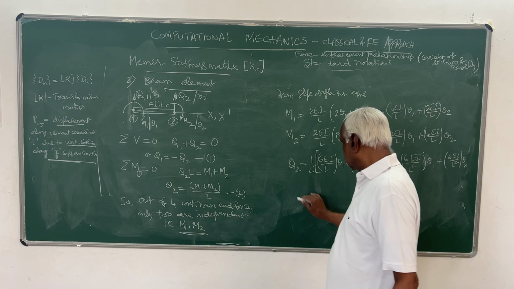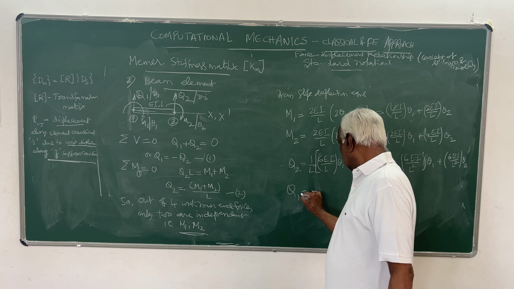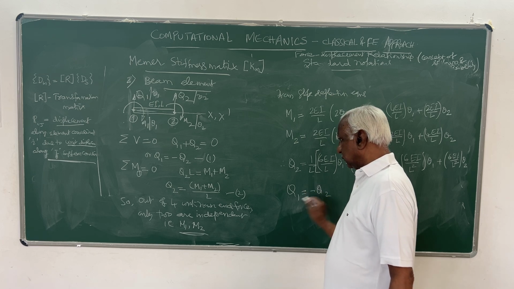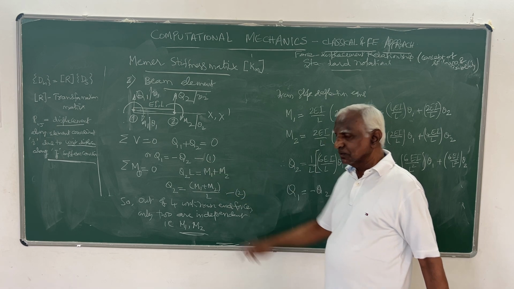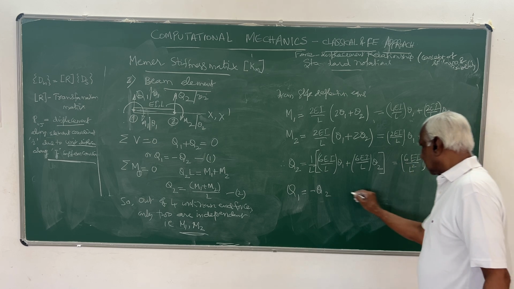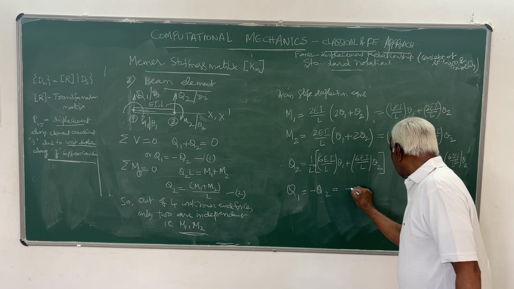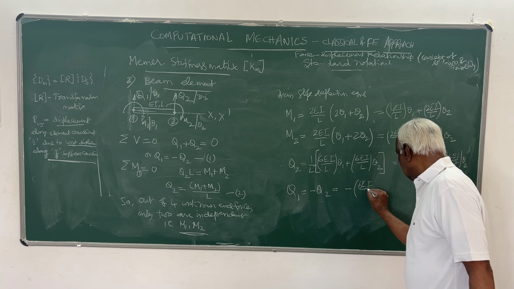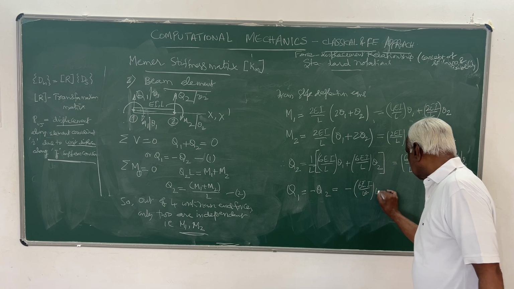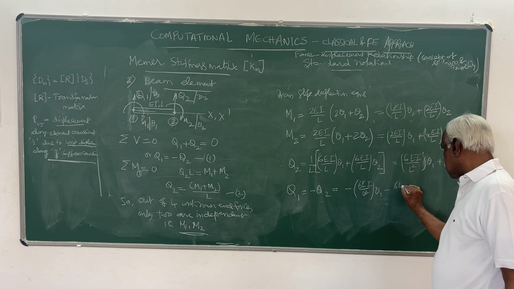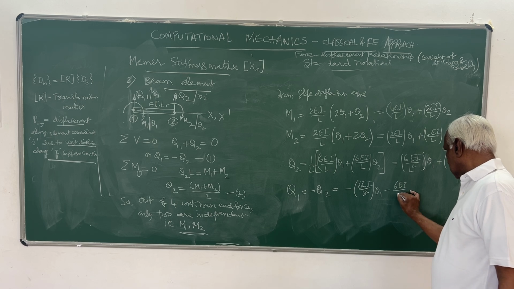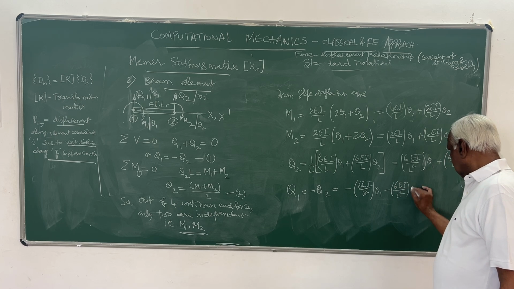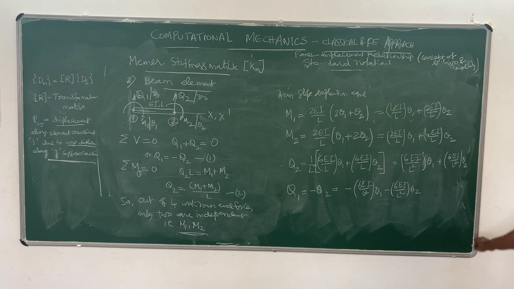And Q1 equals minus Q2. Therefore, it is minus 6EI by L square into theta 1 minus 6EI by L square theta 2.